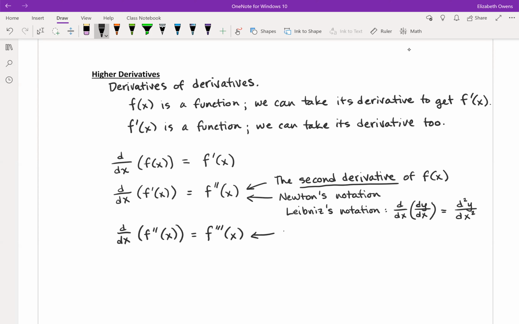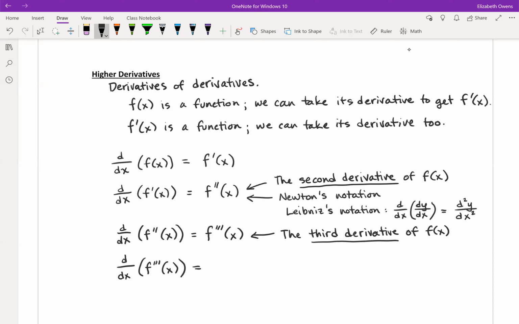And this, as you might guess, is called the third derivative of f of x. Okay, third derivative, triple prime. And, you know, that's a function too. So we could take its derivative again. All right. And you can see we are going to start being able to do this indefinitely.